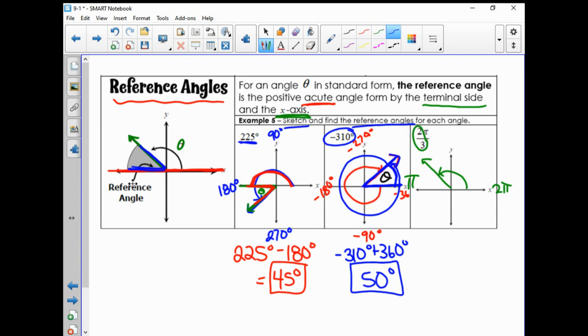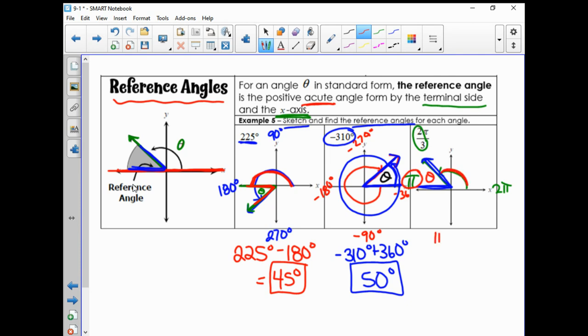radian angle. So again, for the reference angle, we want this angle between the terminal side and the x-axis right here. That's what we're trying to find. So again, I know that I've got this pi would be all the way. I can just subtract how much I've come already.